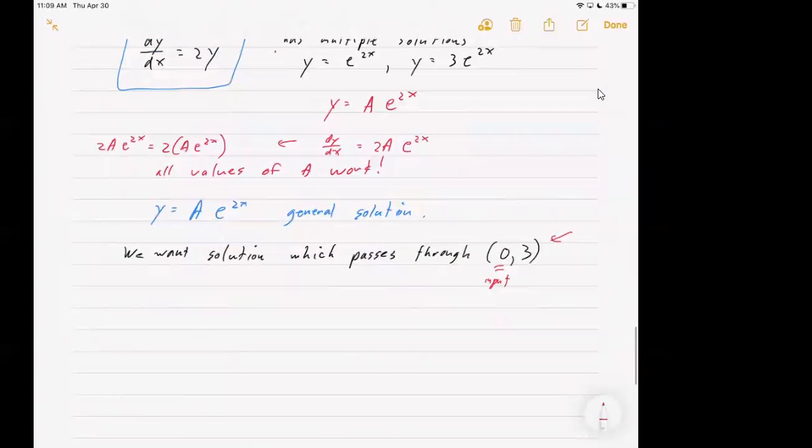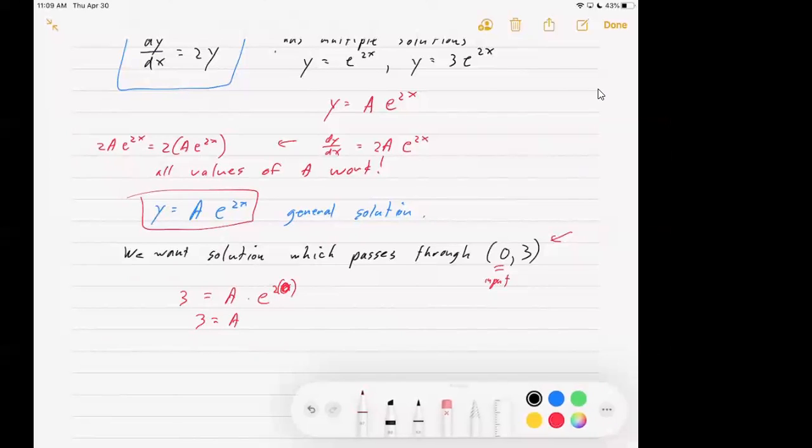So how do we find that? Well, we simply take the general solution and we substitute in the point, and we would see that 3 goes in for y, must be a times e to the 2x. 2 times an x is 0, 2 times 0. And e to the 0 is 1, so 3 is equal to a.